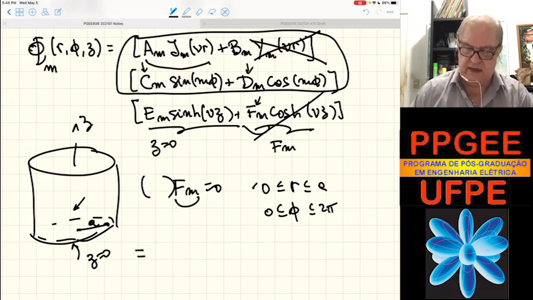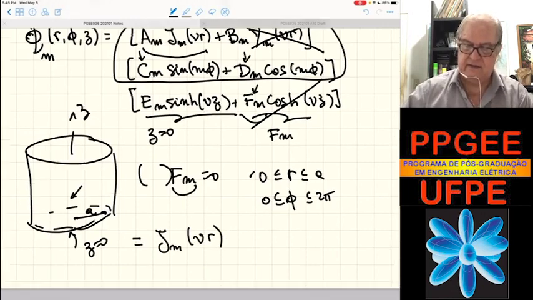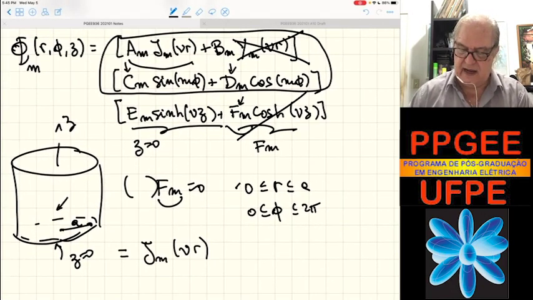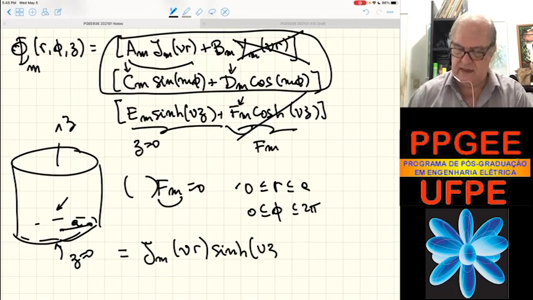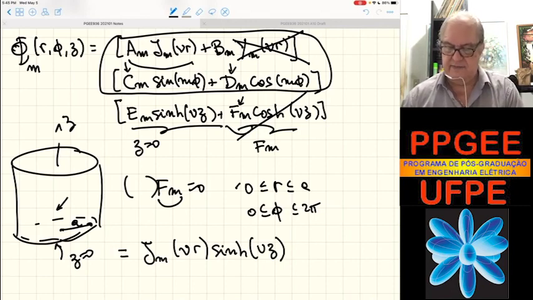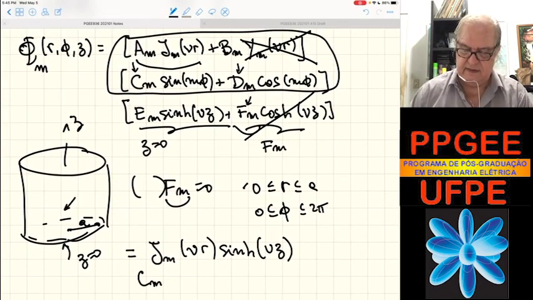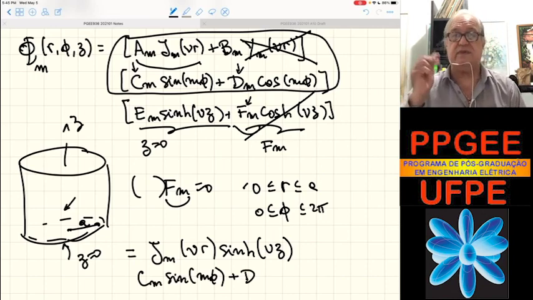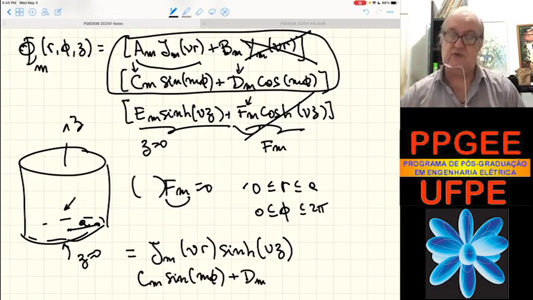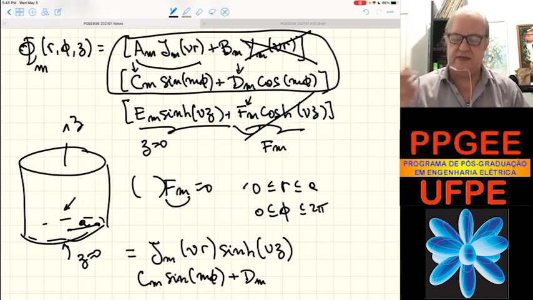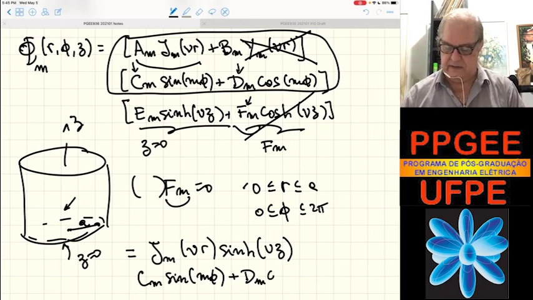So the function becomes Jm of nu r times hyperbolic sine of nu z times Cm sine of m phi plus Dm cosine of m phi. So I have two constants for each m.